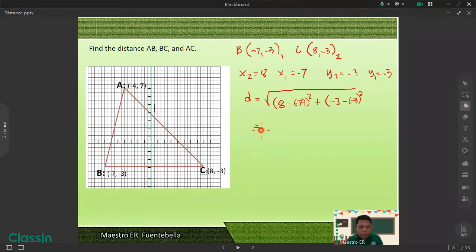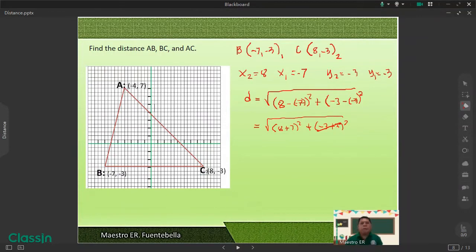So it becomes now equal to the square root of 8 plus 7 quantity squared, and negative 3 plus 3 quantity squared becomes 0.